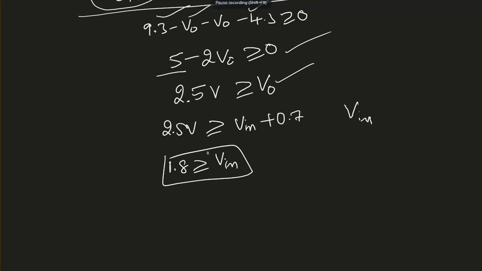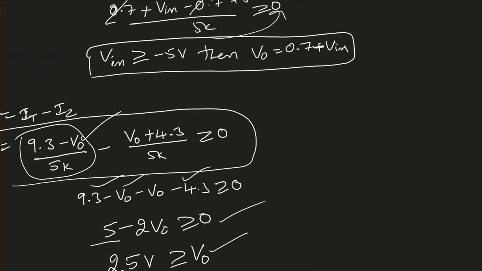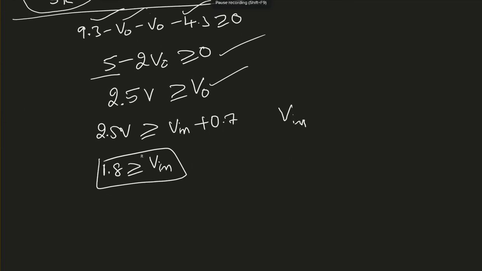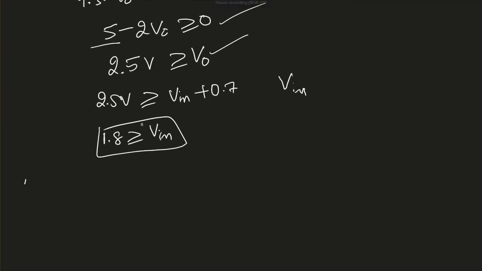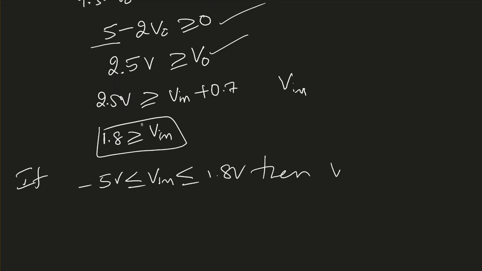Based on these two conditions, if I combine those two, I'm going to write it down. If negative 5 volts is less than or equal to Vn is less than or equal to 1.8 volt, then V naught equals 0.7 plus Vn.